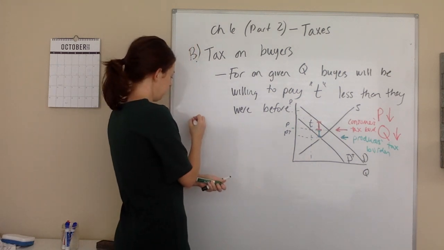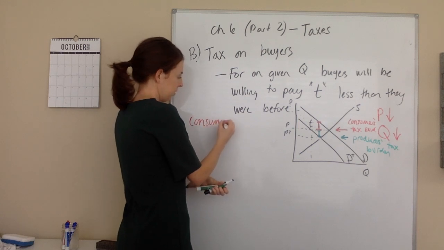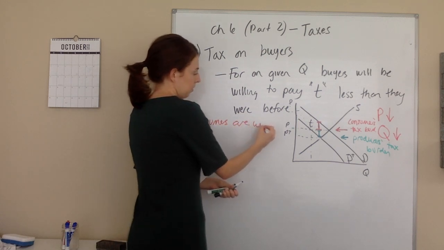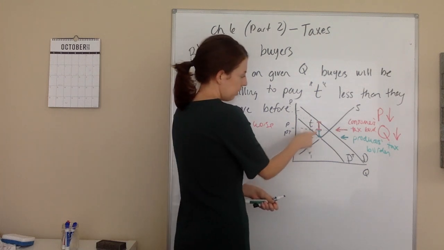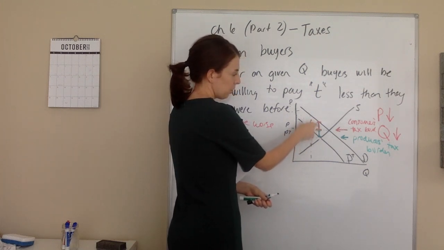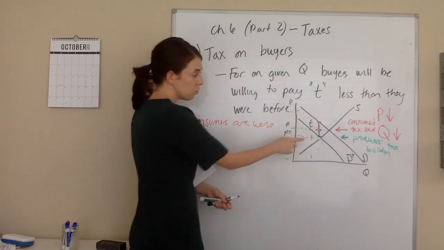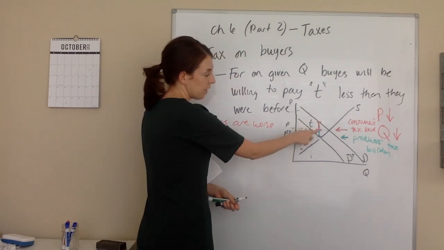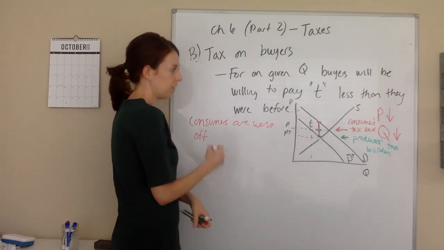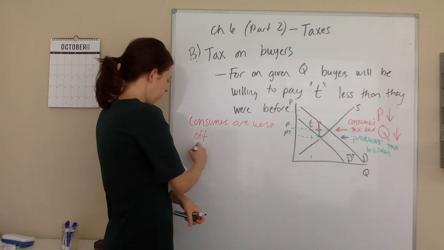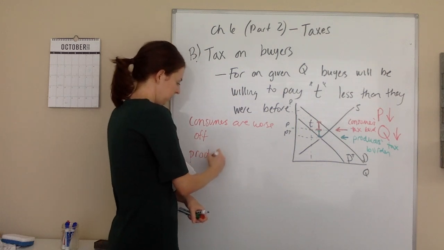They're hurt. Why are they worse off? Because now they have to pay this much more per unit than they originally did. And then furthermore, producers are worse off because they're bringing in this much less per unit relative to their original situation. So consumers are worse off and producers are worse off.